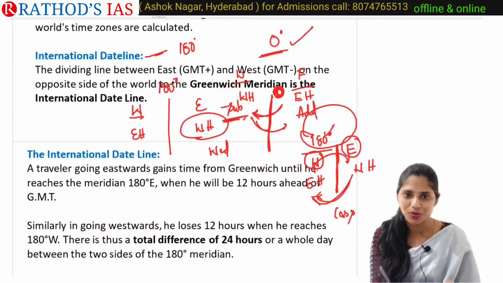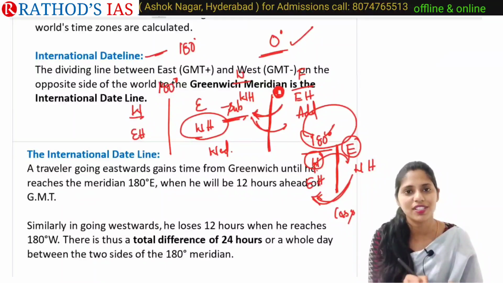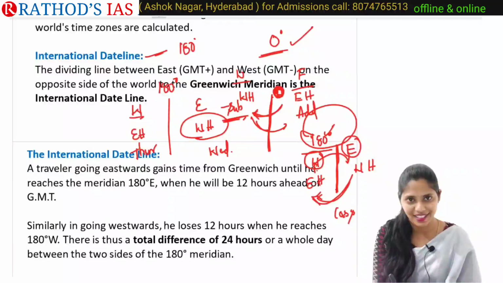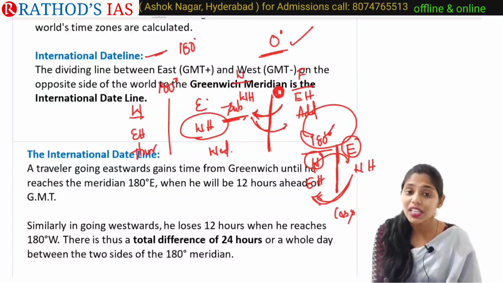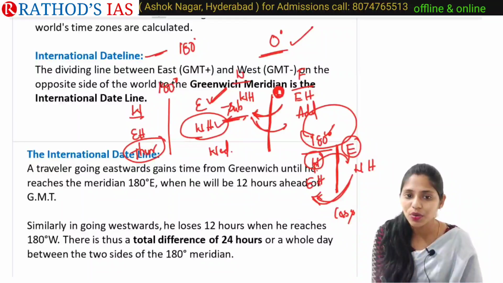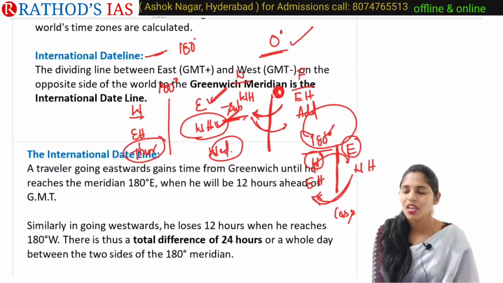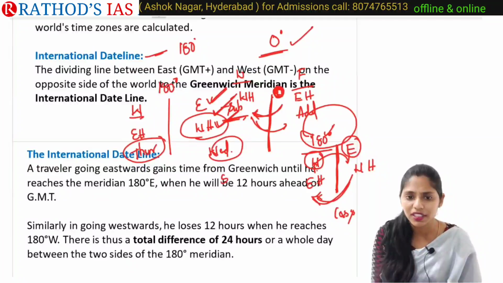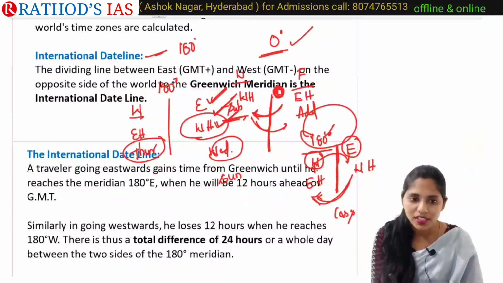If it is Wednesday in the western hemisphere, in the eastern hemisphere it will be Thursday. And if it is Sunday in the eastern hemisphere, in the western hemisphere it will be Monday, right?